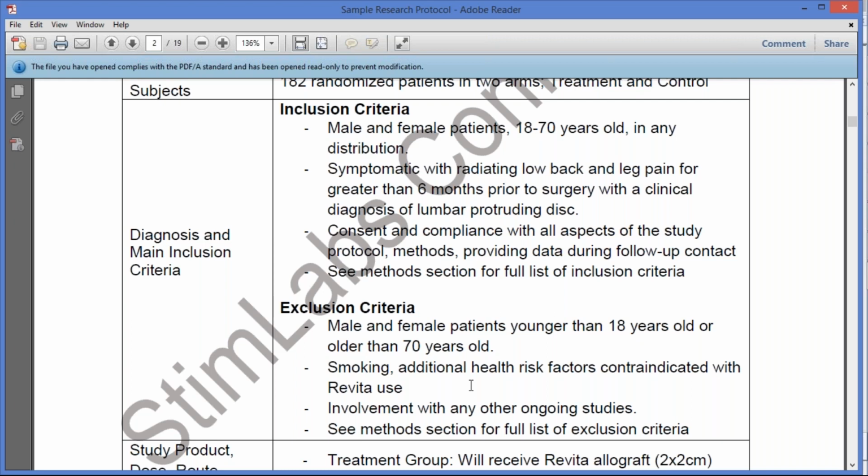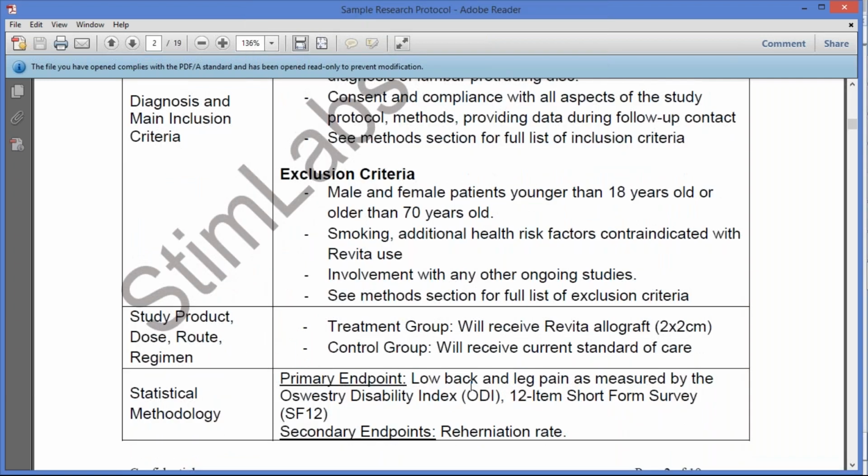Here the main inclusion criteria will recruit people suffering from back pain for the last 6 months with a clinical diagnosis of lumbar protruding disc. That means whoever has the bulging disc, like a herniated disc.